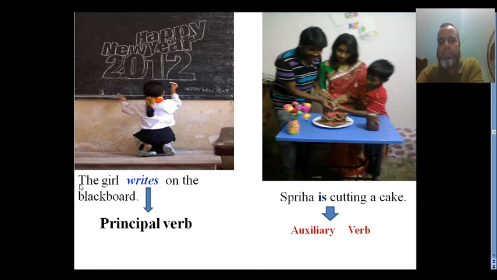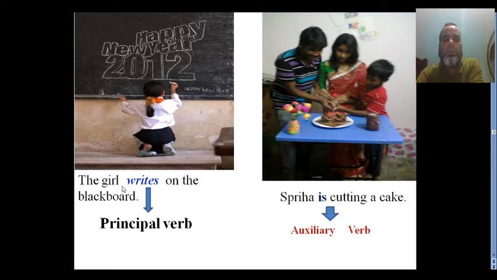Let us see the first sentence. The girl writes on the blackboard. In this sentence, writes is the only verb here. There is no other verb besides write. And by this verb write, the sentence makes the full sense.